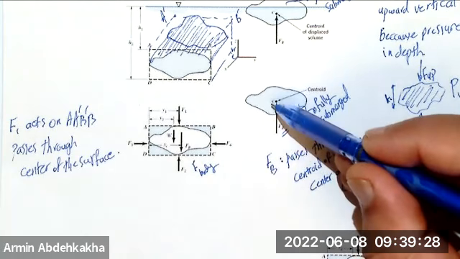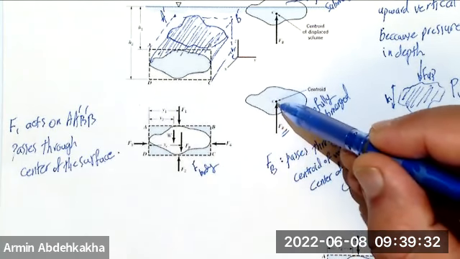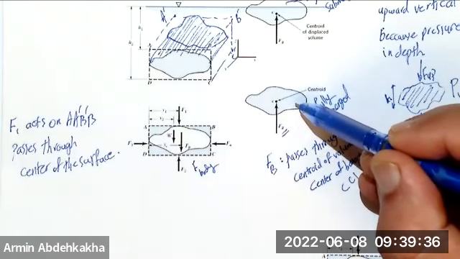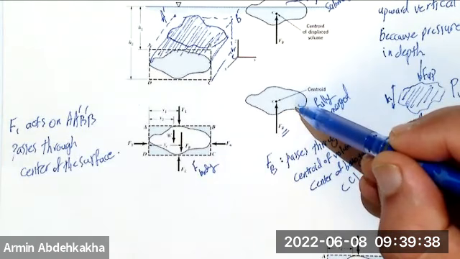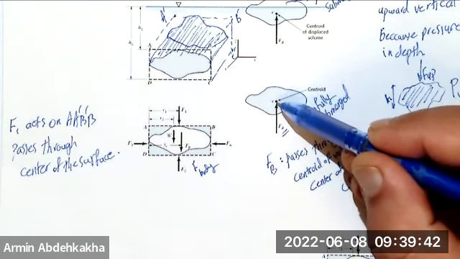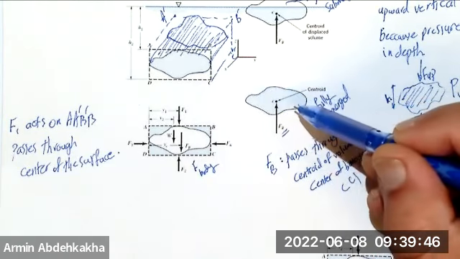But if you have this object and you find the center of buoyancy, which is the center of volume, maybe you have an arbitrary volume like this, and this is the center of the volume, but it's not a homogeneous material inside.